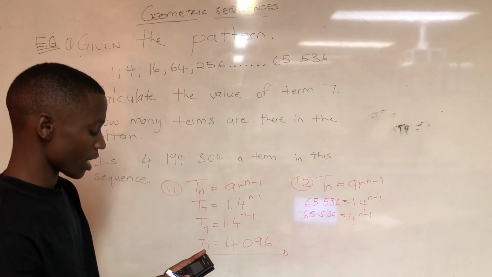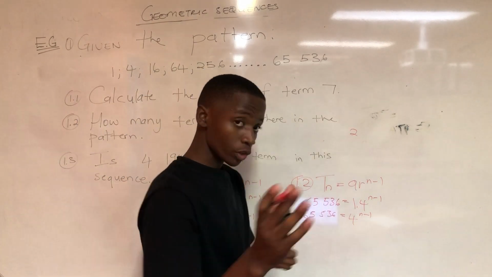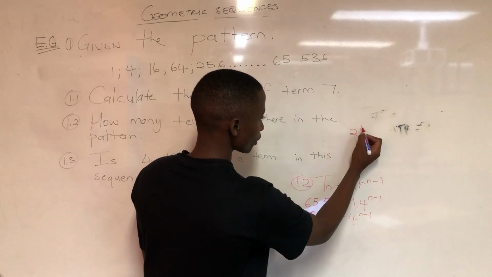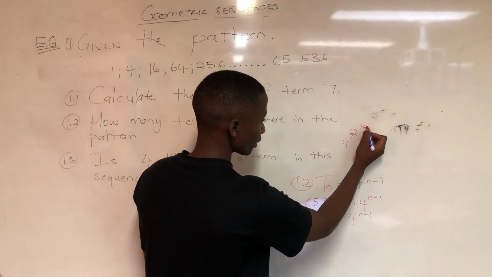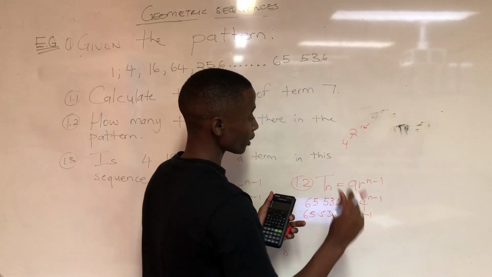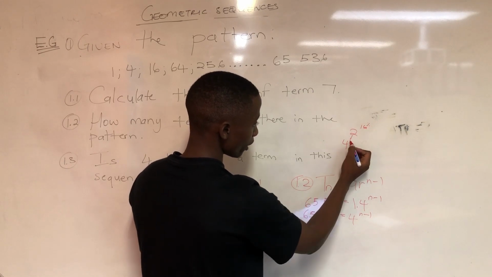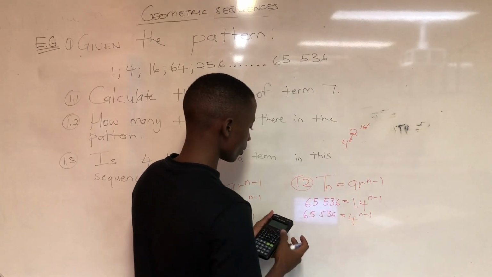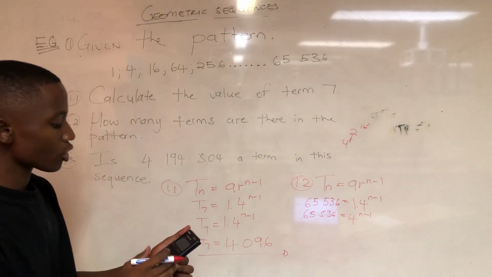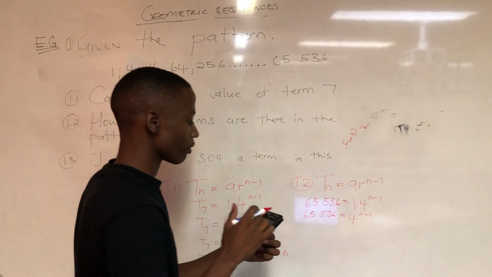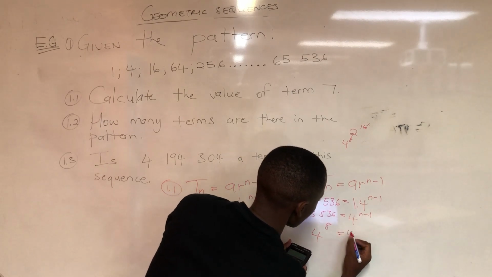It gives us the very same thing, because when you calculate it, it gives you 2 to the power of 16, so let's multiply the base by 2, that's going to be 4, and divide the exponent by 2, so that's going to be 8. So 4 to the power of 8 is equal to 65,536.